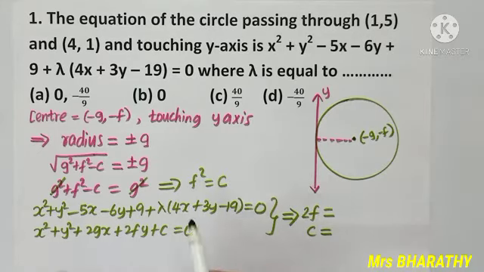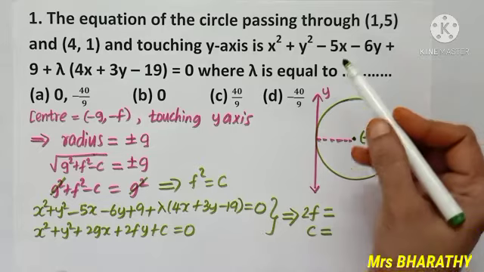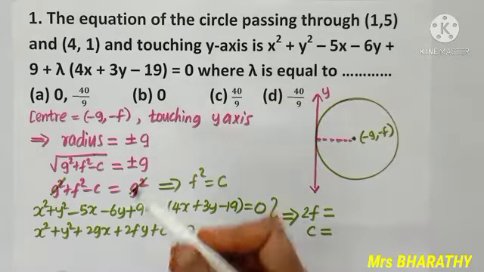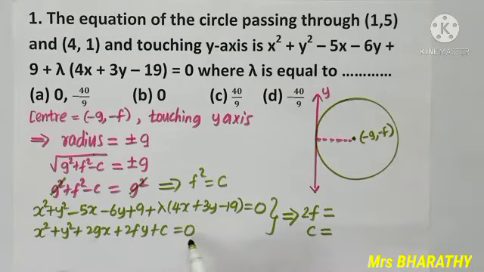Now we ought to know what f and c are from the equation given. Compare the given equation with the general equation of a circle: x square plus y square plus 2g x plus 2f y plus c. Now I need f and c to substitute in this relation.